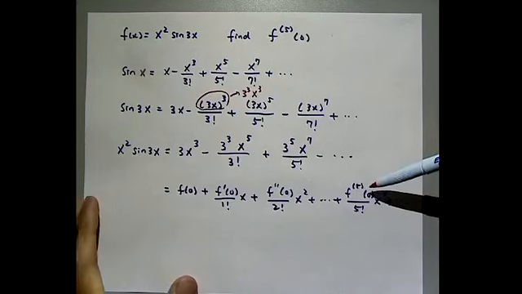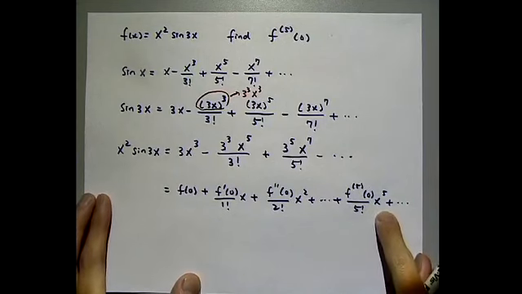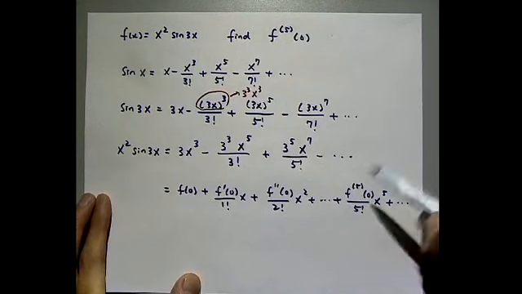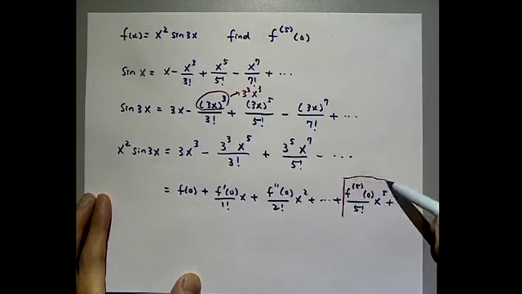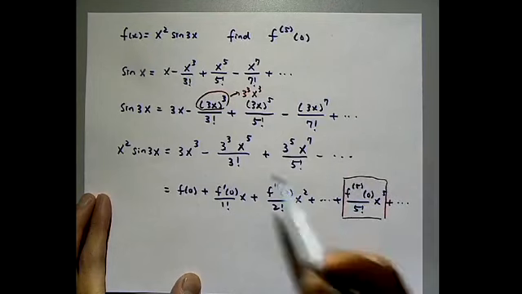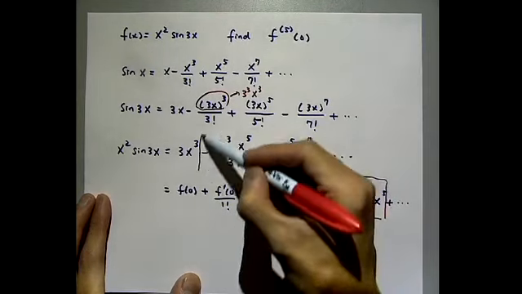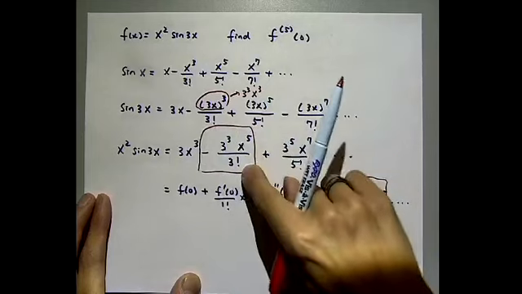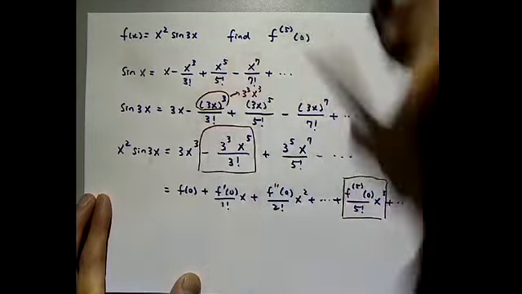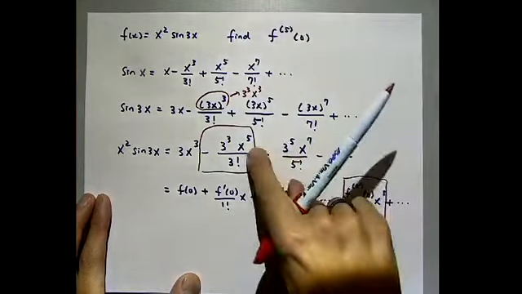To find out what the 5th derivative is, it shows up in the term containing x to the 5th. So this guy right here must be equal to this. Because that's the term in the Maclaurin series that we put together by doing this, that contains x to the 5th.